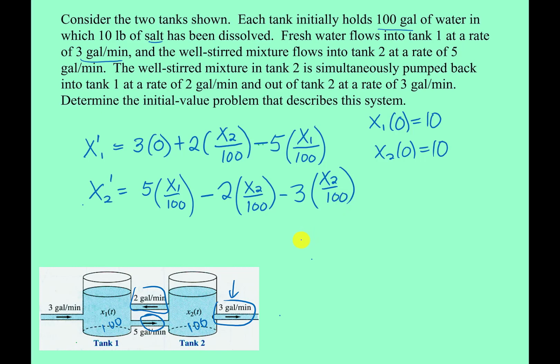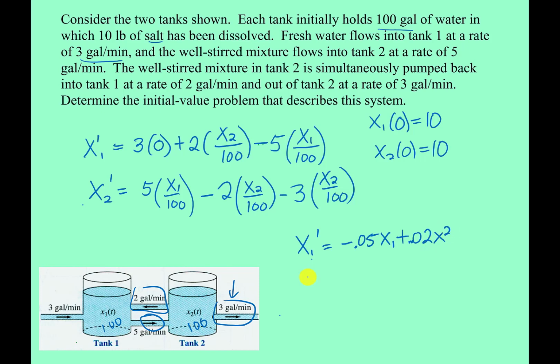Let's write these equations just a little simpler. x1 prime equals 3 times 0, which is gone. I'm going to write these as decimals, 0.02, and let's actually write them in order. We're going to put x1 first. So negative 0.05 x1 plus 0.02 x2.